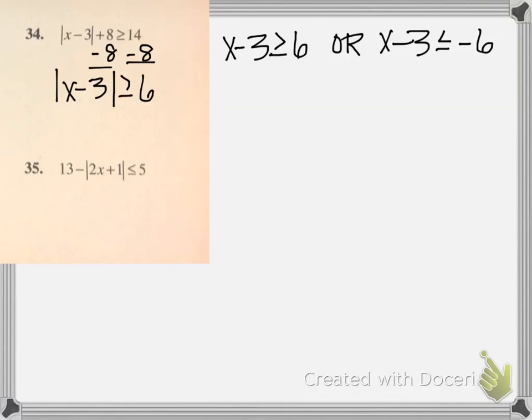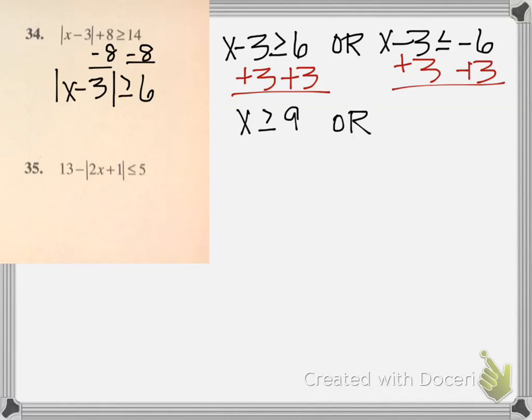Now I solve these two inequalities individually. Add 3 to both sides. That's going to give me x greater than or equal to 9, and x less than or equal to -3. Depending on how they want you to write your answer, probably interval notation, or you might be asked to graph.